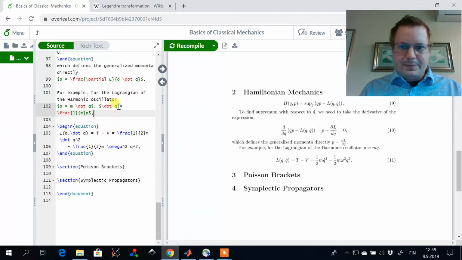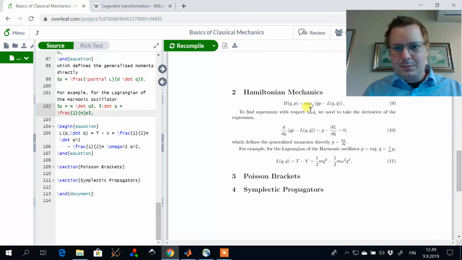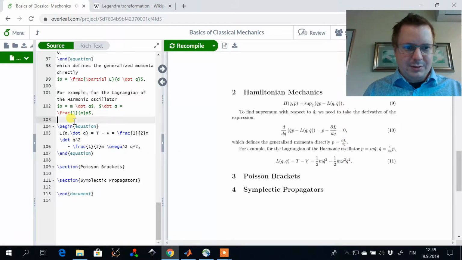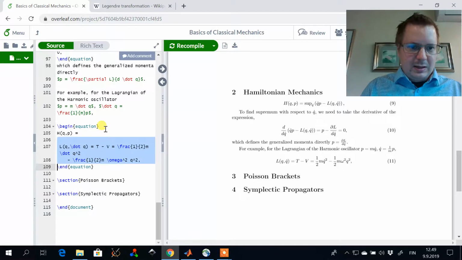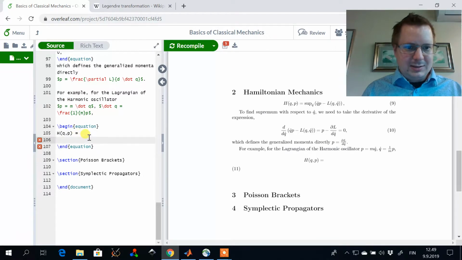So we have the value of this thing under the minimization condition, so we have H(q,p). We have selected p in such a way that it actually minimizes.